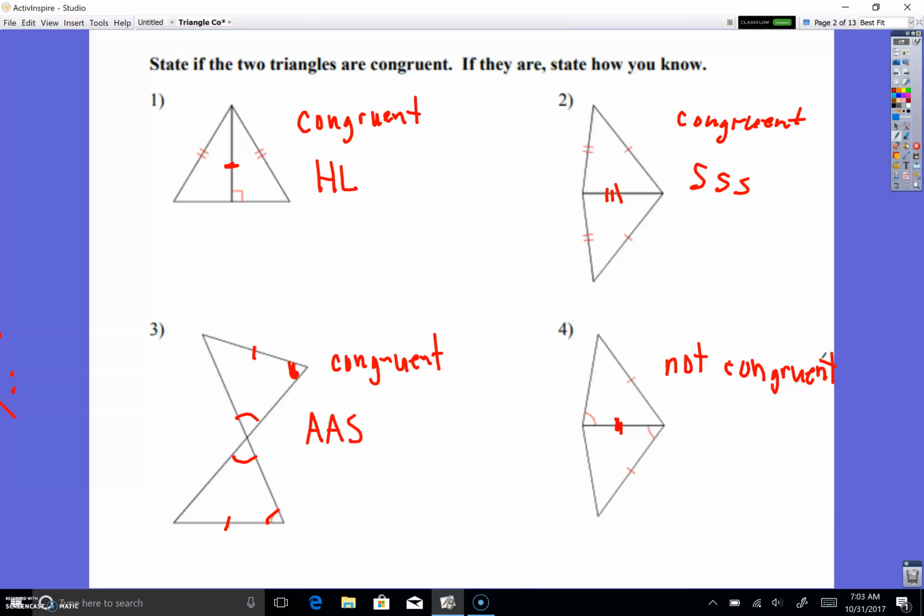The two triangles may look the same, but we don't know if it's the same. We are not for sure. So all we're going to say is not congruent with the information that we have.